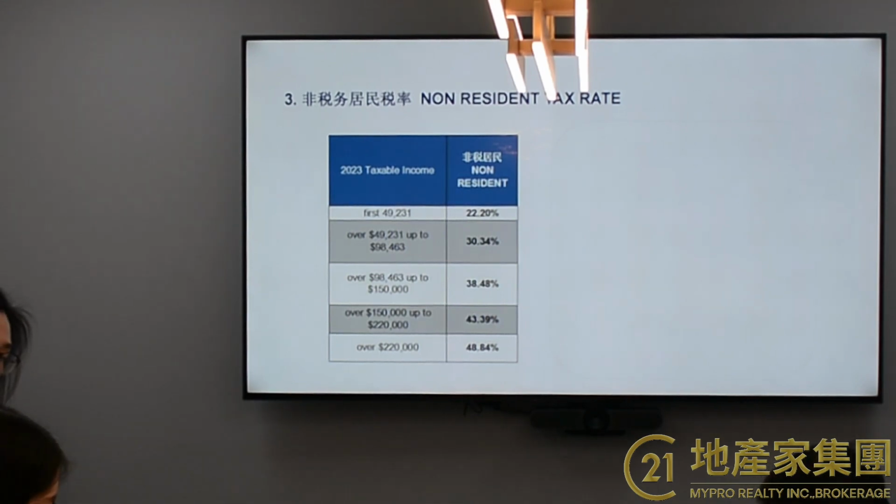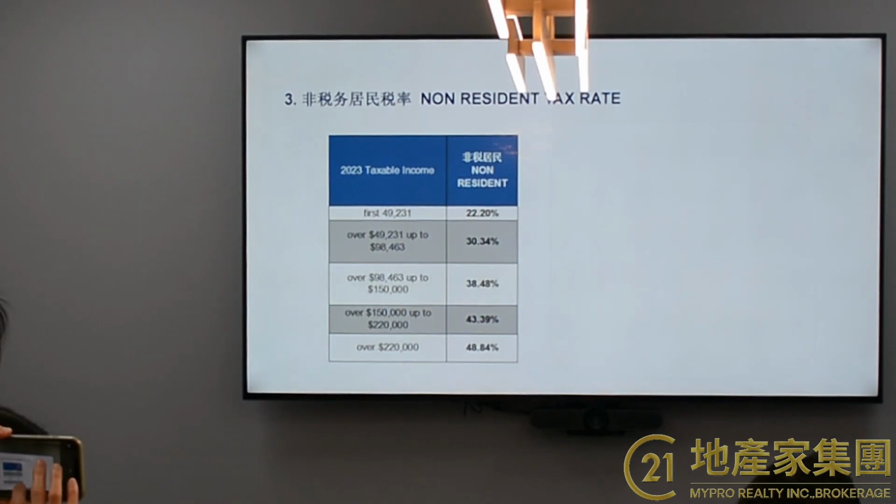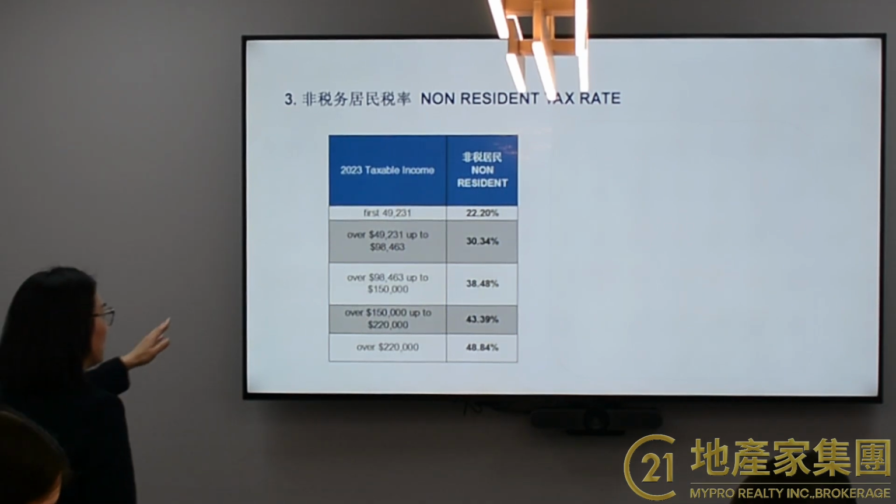Most people think non-residents pay 25% tax. No, they also have tax brackets. So next year when we file the final return, we reduce all the costs, and then the net income is applied to this tax rate.